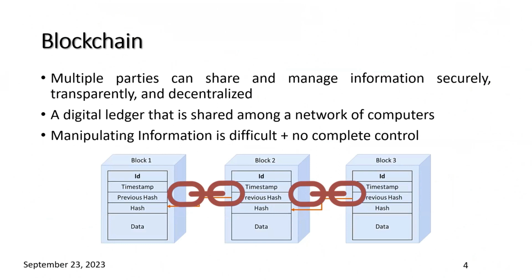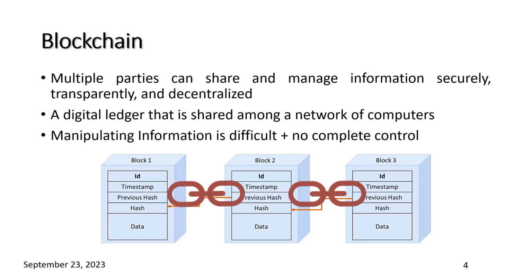A simple analogy is to think of it as a digital ledger that is shared among a network of computers. Each entry in the ledger, called a block, contains information such as a transaction or other data. These blocks are connected together in a chain, creating a permanent and unchangeable record of all information that has been added to the ledger so far.